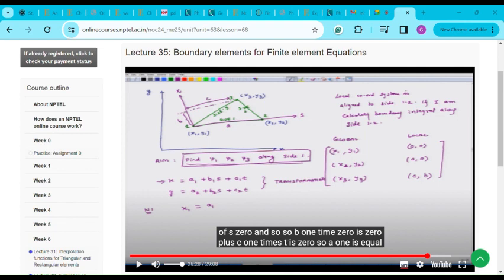So we'll need to find the weak form first. For that, we'll multiply with some delta T. There is no internal heat source, so the right hand side will be 0.